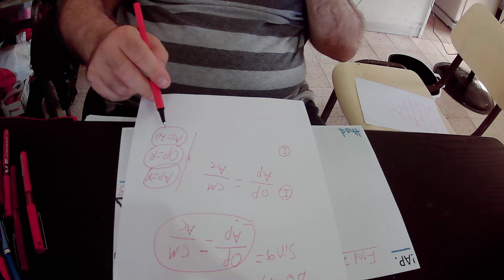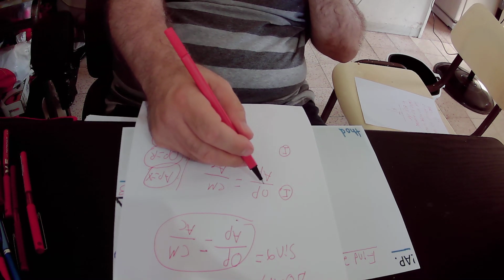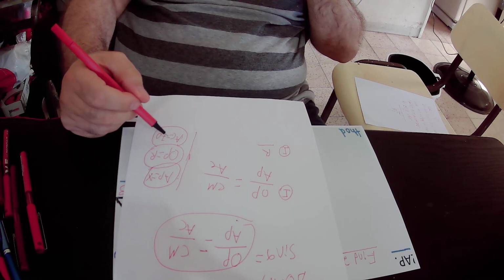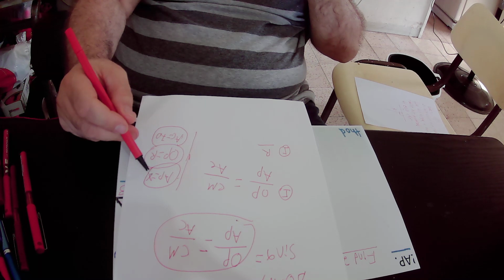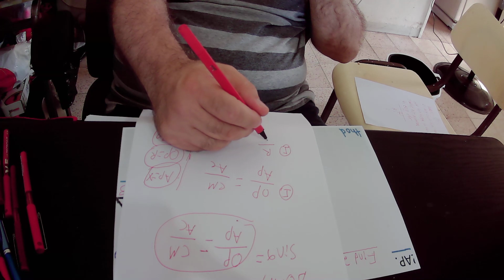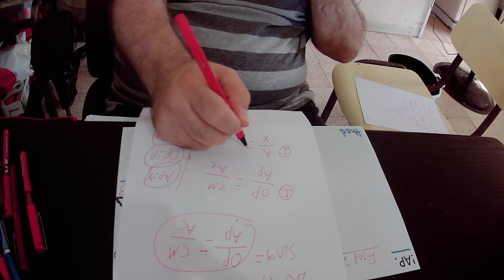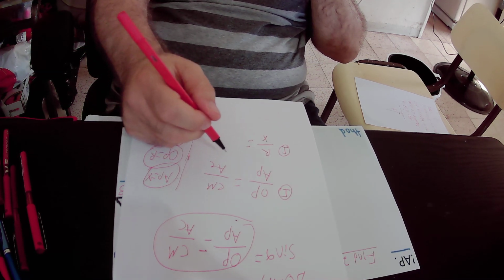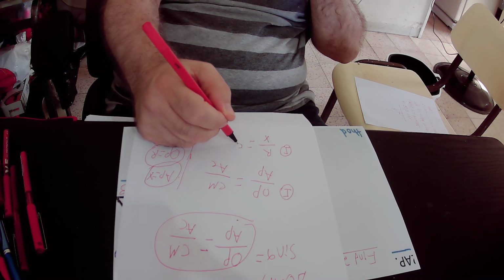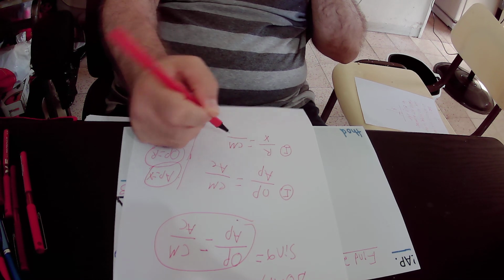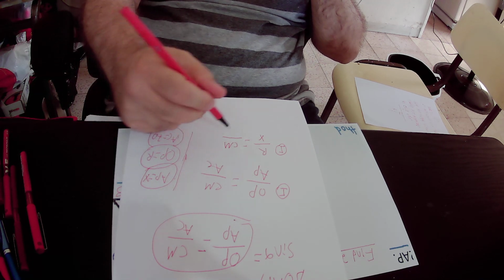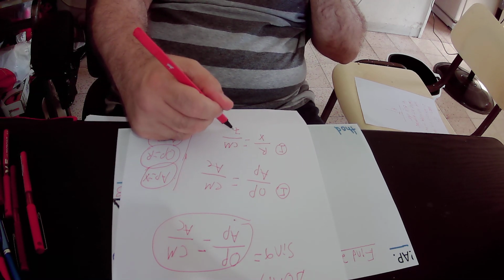So OP equals R, we substitute OP by R over AP. We defined that AP equals X, so instead of AP we write X, equals CM, we leave CM as it is, over AC, and AC equals 70 units, so we substitute AC by 70.